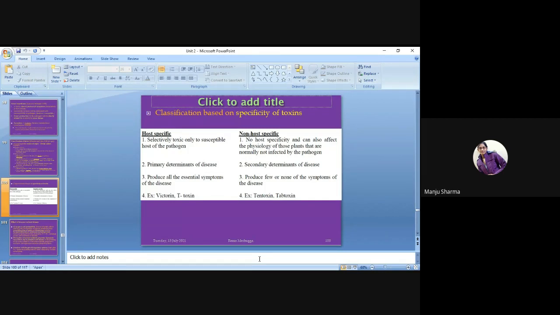After that, classification based on specificity of toxins. First is host specific and another is non-host specific.